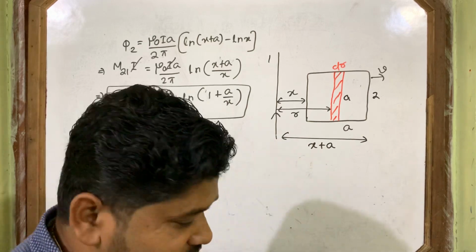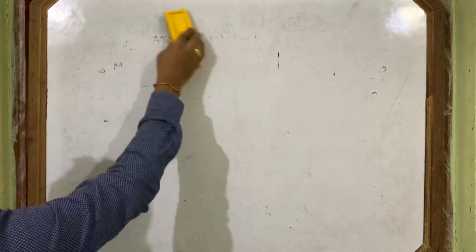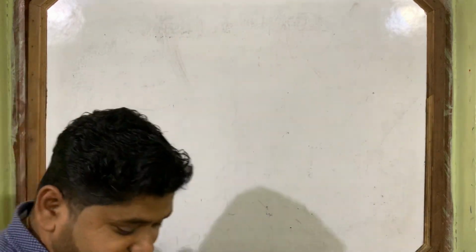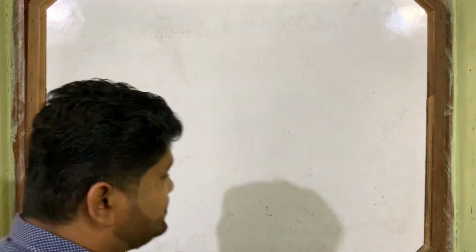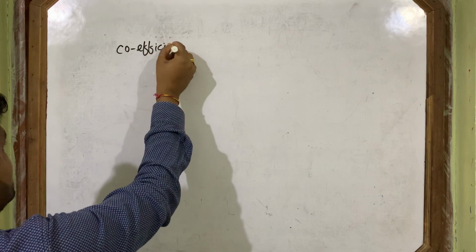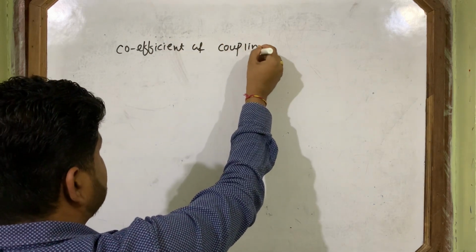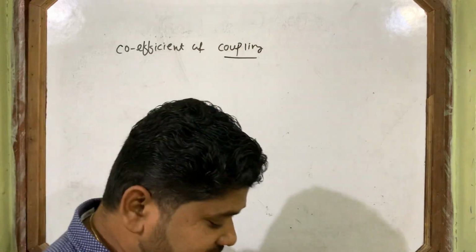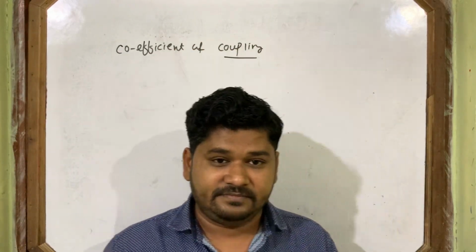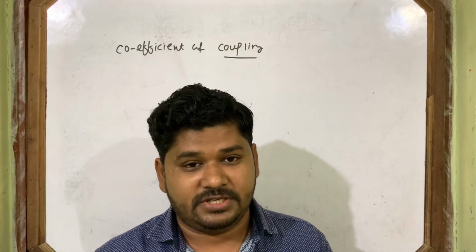Now let's come to the next part, the coefficient of coupling. What is this? It indicates the manner in which two coils are coupled with each other.